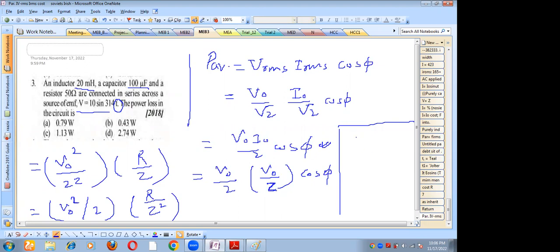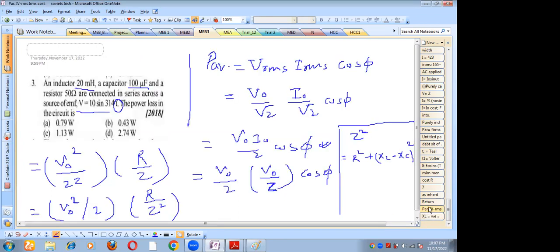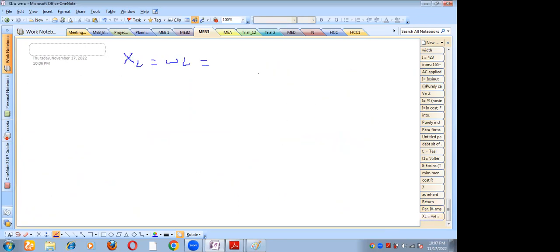So now we will calculate Z square. Z square we know is R square plus XL minus XC whole square. So now we have to calculate XL and XC. What is XL? XL is omega L. Omega is given in the question. What is that? 314.